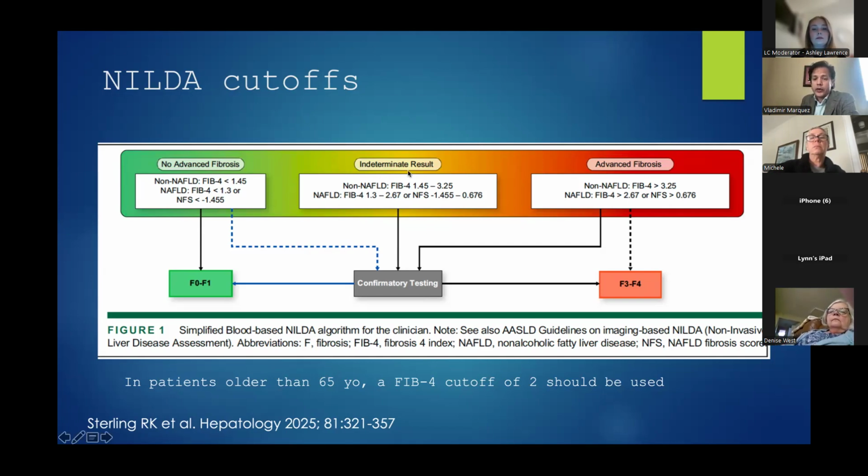If we have indeterminate results or advanced fibrosis, that is when it would be a good idea to refer for a specialist opinion so that we can have a confirmation test and then guide our future management based on the result of that confirmation test.